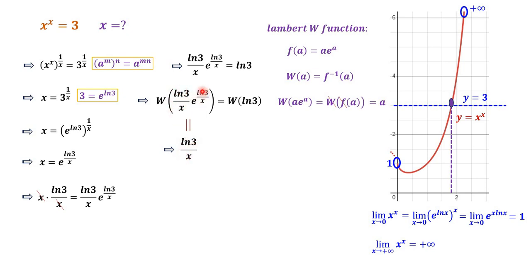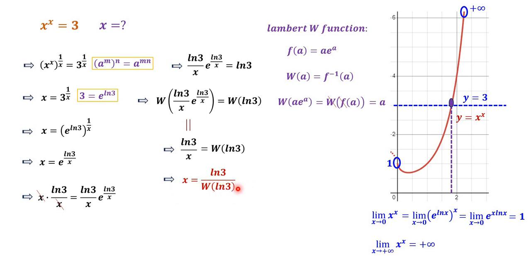So ln 3 over x is equal to the Lambert W function of ln 3. Then x is equal to ln 3 over the Lambert W function of ln 3.